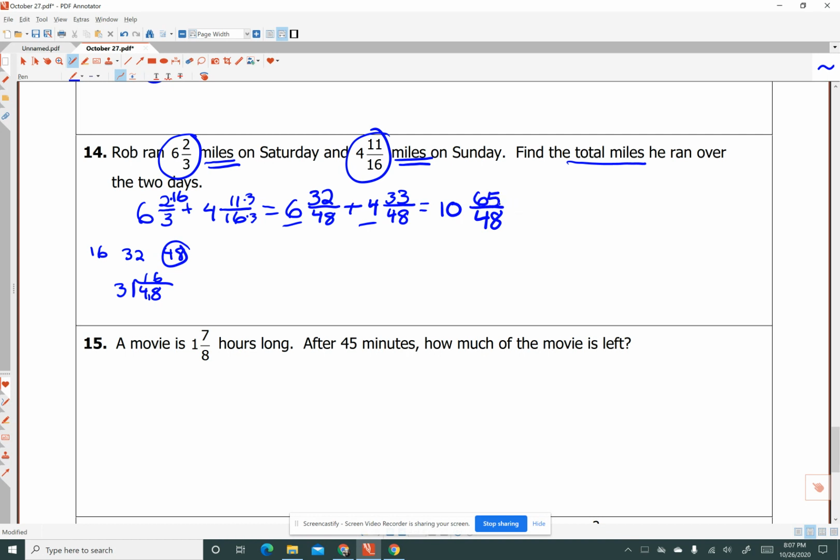Now, 65 over 48 is an improper fraction. 65, let's just make a sidebar here, over 48 equals 1 and 17/48. So we will add this 1 to the 10 for 11 and 17/48. And that is miles.